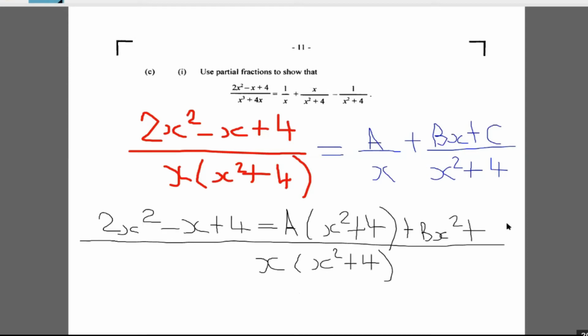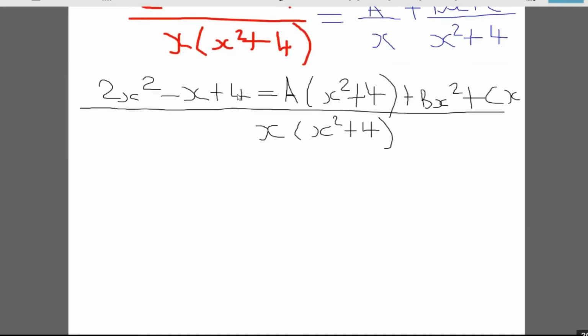Now, whenever you have two fractions and their denominators are the same, we can just go ahead and equate the numerators.